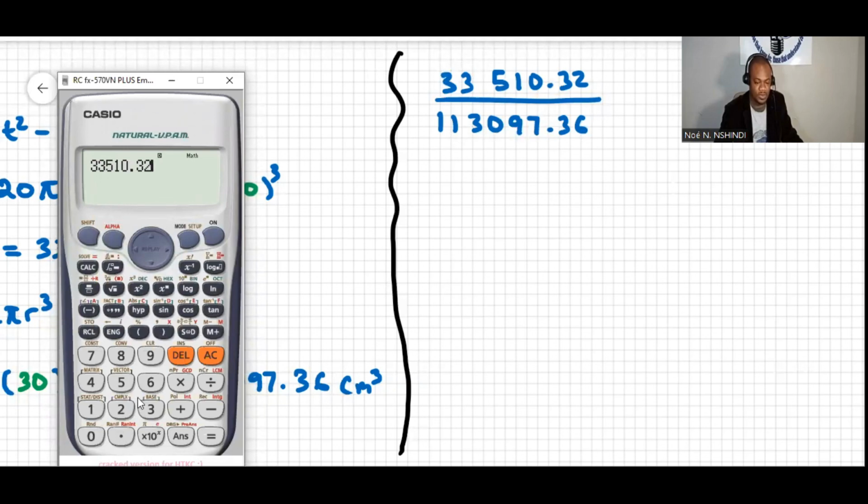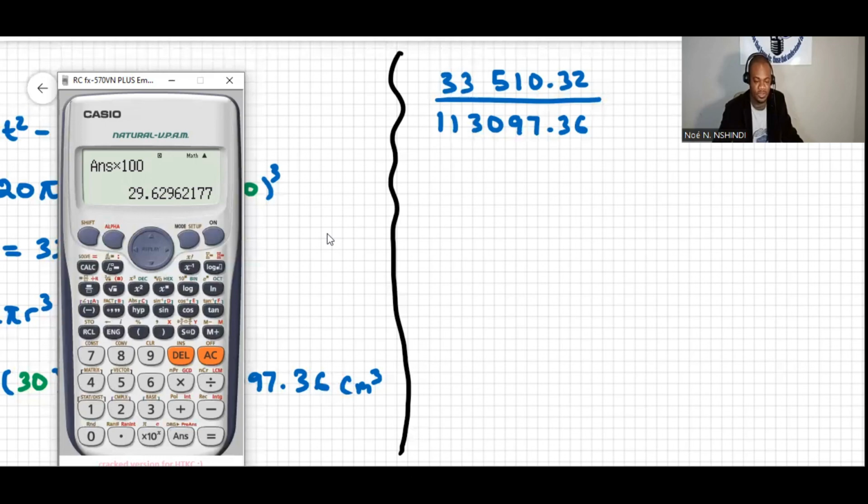33,510.32 divided by 113,097.36 equals 0.296 and so on. So we're going to multiply this by 100 to get the percentage. That makes 29.63% approximately.